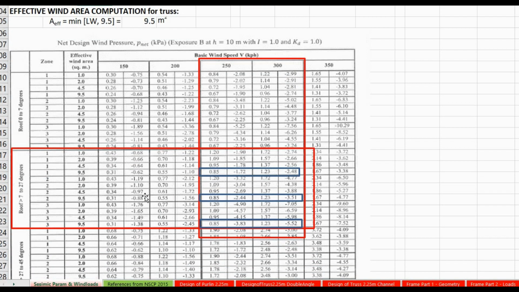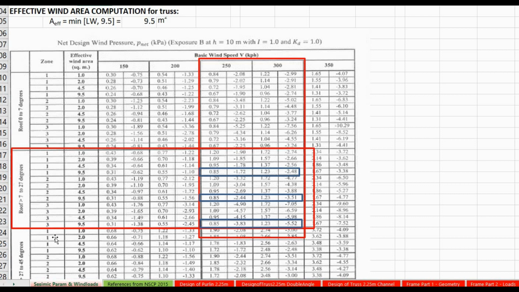So, remember that our wind speed is 290. So, you have to interpolate between 250 and 300. And then again, our truss angle is nasa range ng 7 to 27 degrees. So, meron pa rin tayong zones 1, 2, and 3.